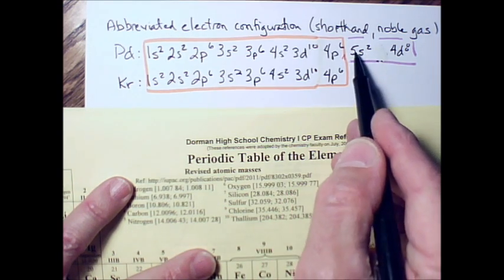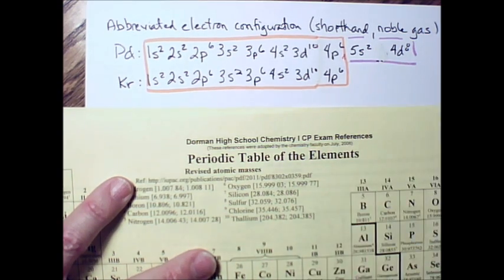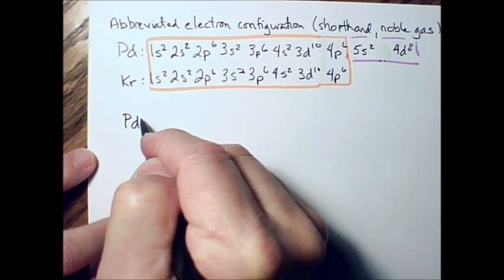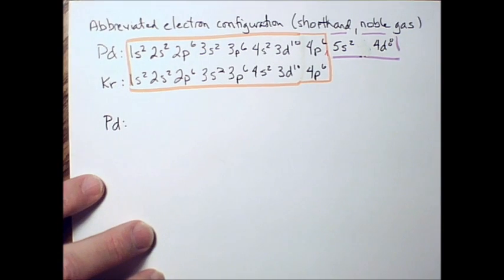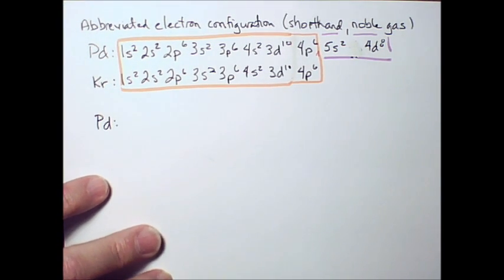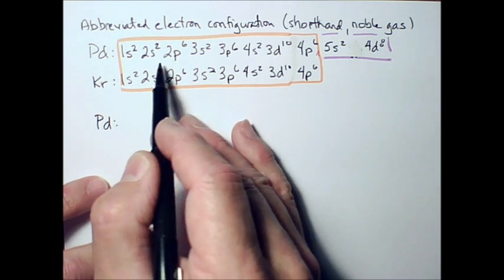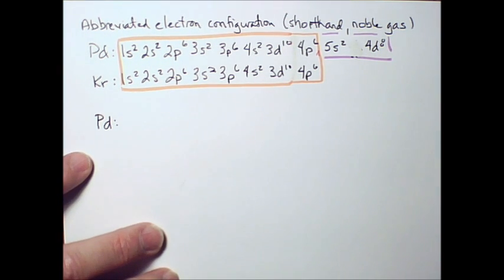We really just need this upper part here. So we've come up with a shorthand or abbreviated or noble gas configuration. What we're going to do is replace all of this right here with the next lowest noble gas symbol.